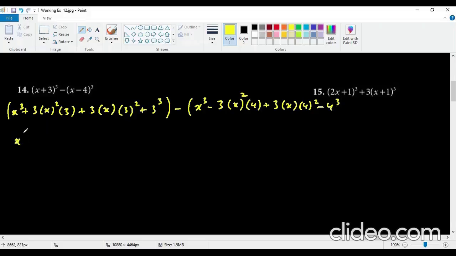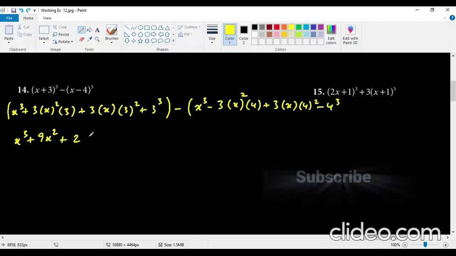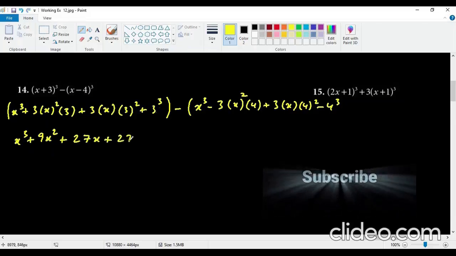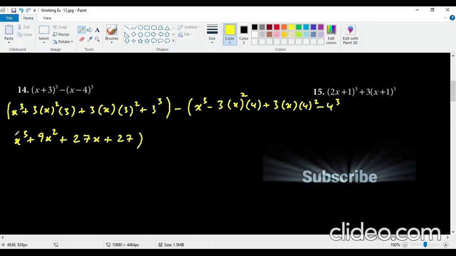Now this is going to be x cube, and plus 3 times 3 is a 9x square, and plus 3 times 9 is going to give us a 27x, plus 3 times 3 times 3 is a 27. Now this is already simplified.